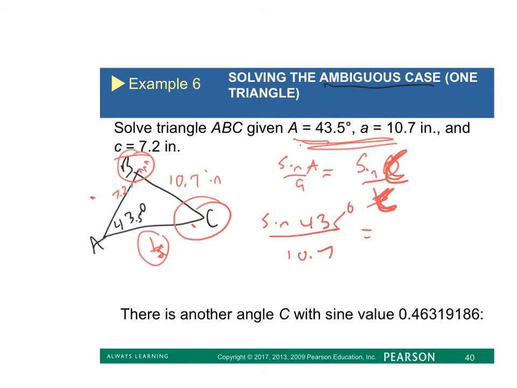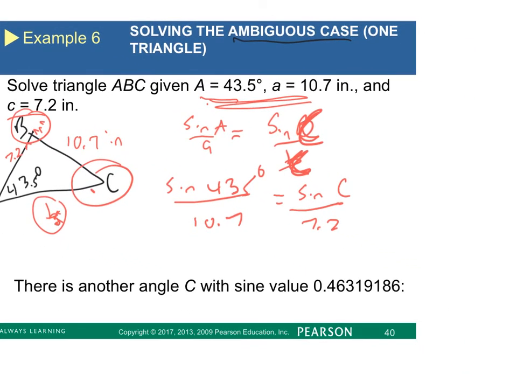Sine of C, I don't know that angle, but I know side C was 7.2. Set that up. Basically, sine of C will equal the 7.2 going to the other side times the sine of 43.5 degrees divided by the 10.7.